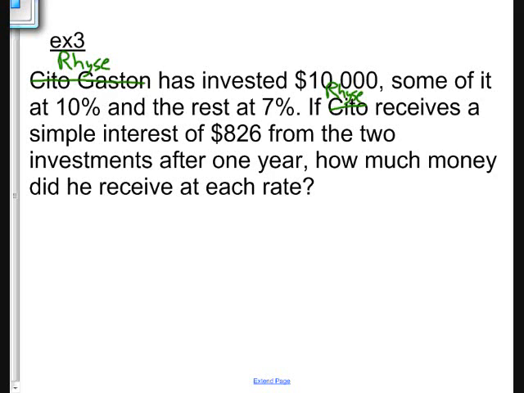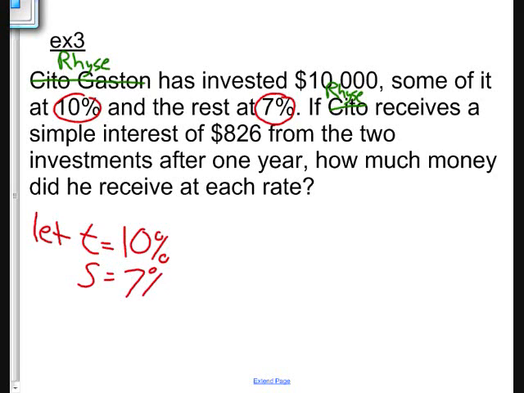So we need two variables. We need one for the money at 10% and one for the money at 7%. I'm going to go with T for 10%, and S equals 7%. That way I don't get confused with interest.